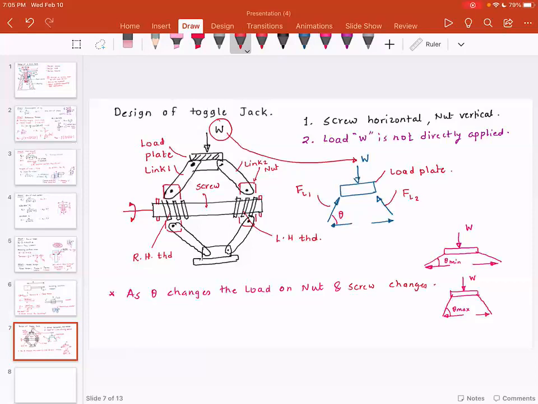But what we are interested in is finding out the maximum value of load. So the question is, what is the maximum load on the nut plus screw assembly?